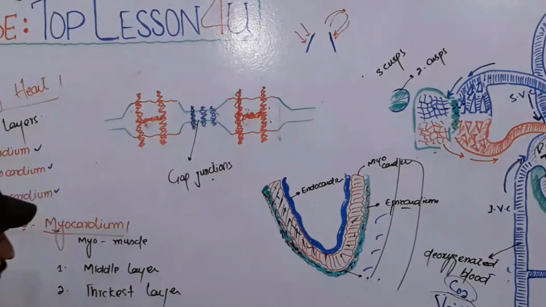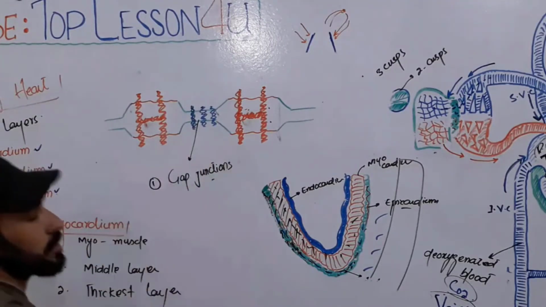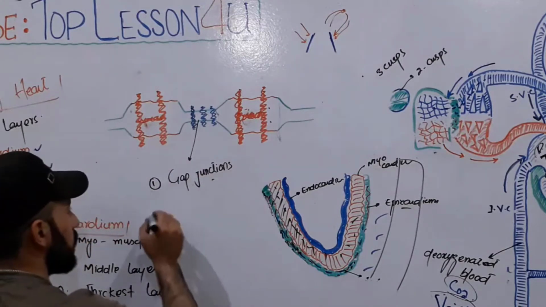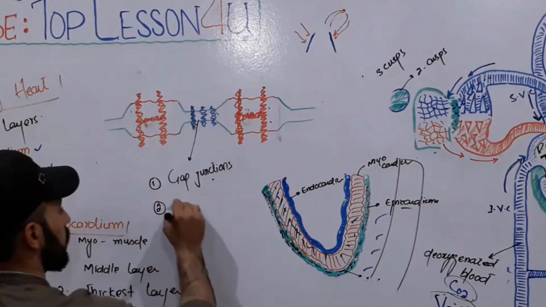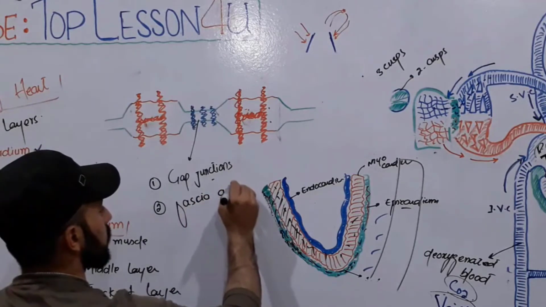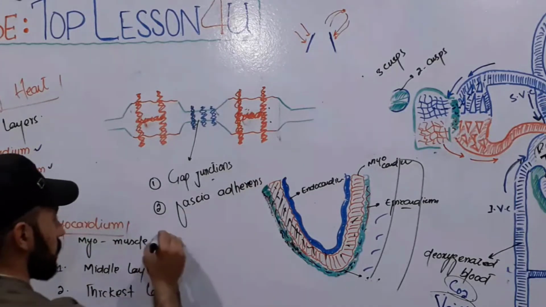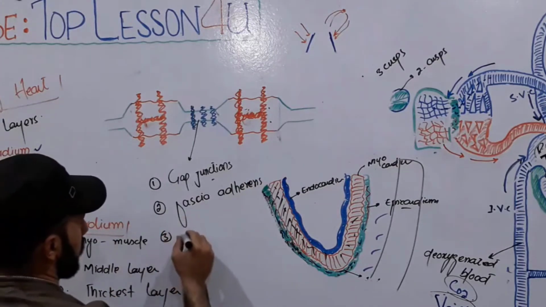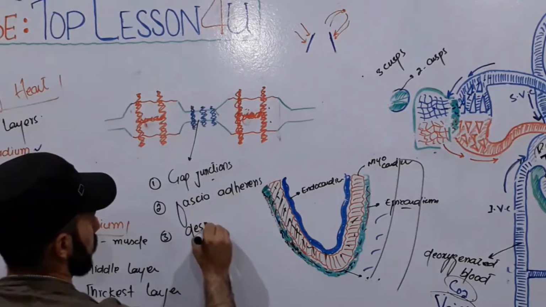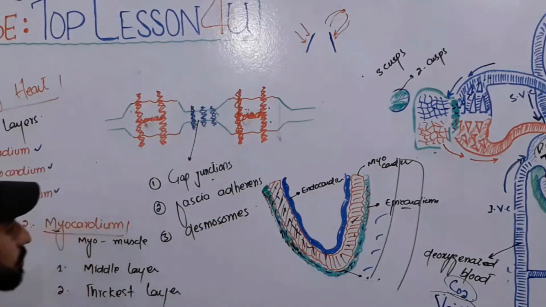Intercalated discs. Now, what are the parts of these discs? The first part is gap junction, right? Then there are fascia adherence, and then there are, yes, desmosomes. Desmosomes. Clear?